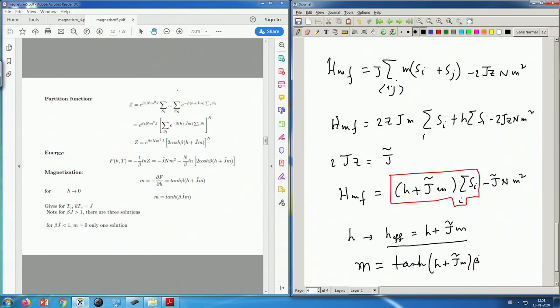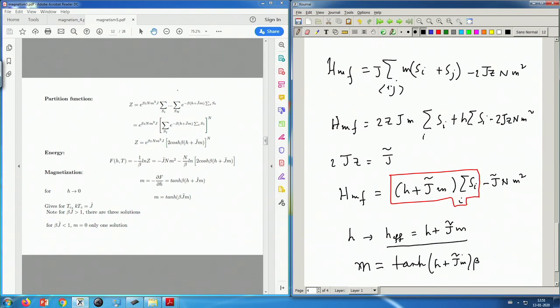In the previous case, in Curie's law, you only had h times beta, which is the external magnetic field h. Here the magnetic field is replaced by a quantity J tilde m, which itself depends on m. So, this is a transcendental equation on the right, and this is just m on the left.